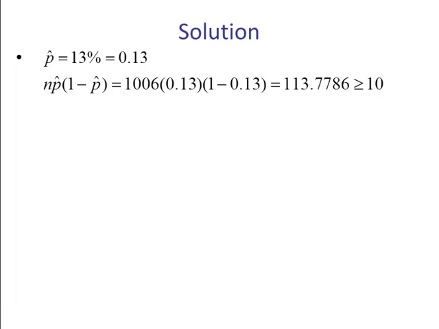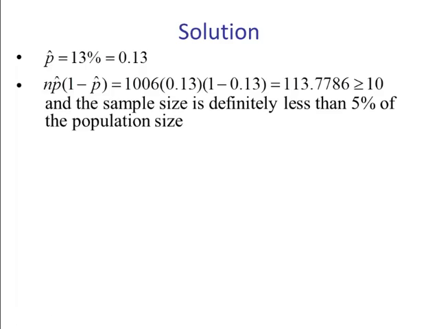So that requirement is satisfied. And the sample size is definitely less than 5% of the population size, because we're talking about all American adults, and our sample size of 1006 is definitely less than 5% of the population size.